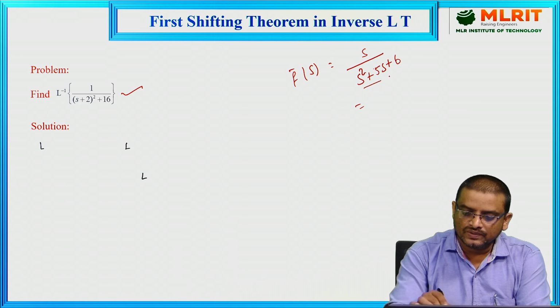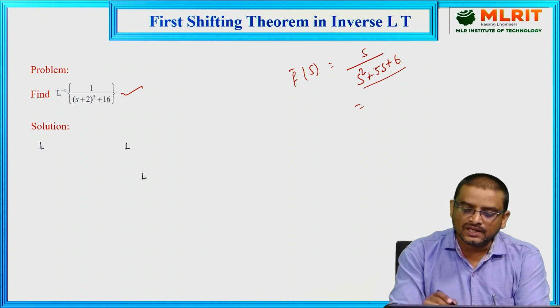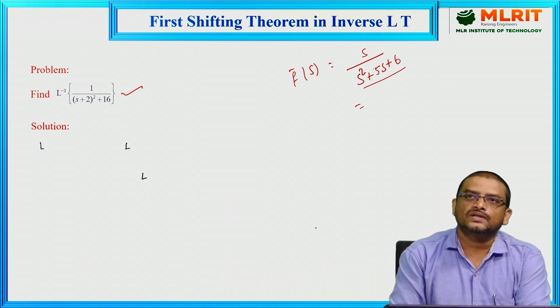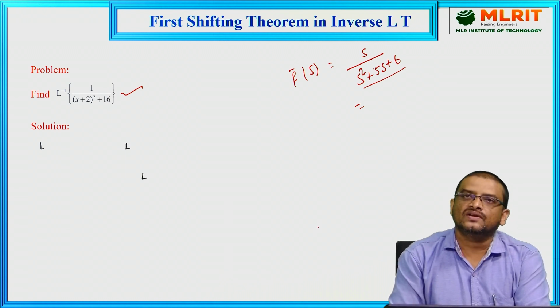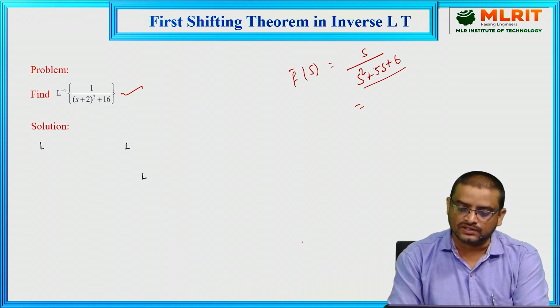Now the denominator is a quadratic expression in terms of s. If this is reducible into linear factors, then we can go for partial fractions and apply L inverse on both sides after splitting into partial fractions.